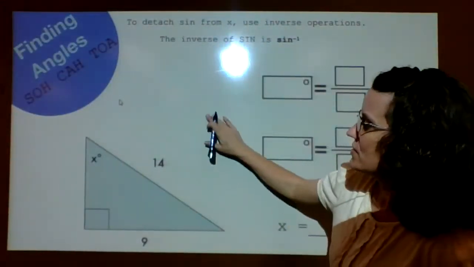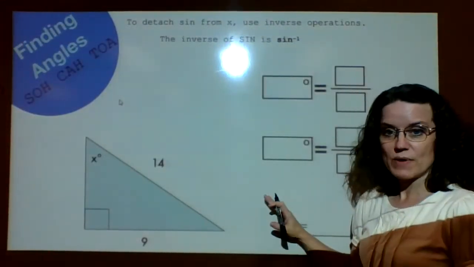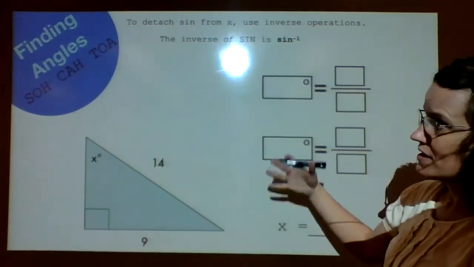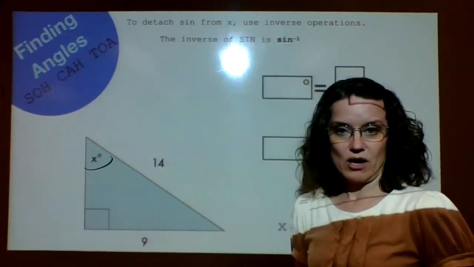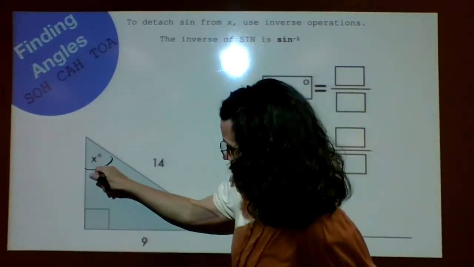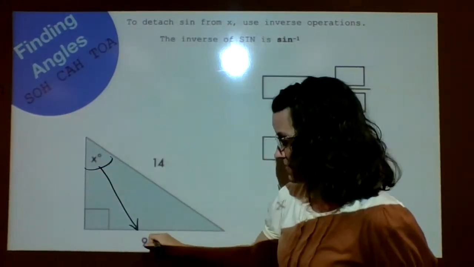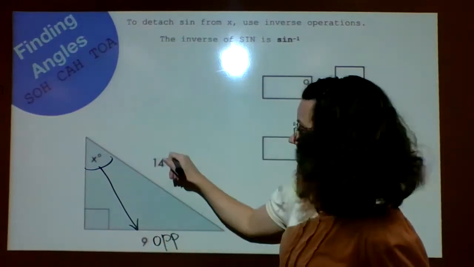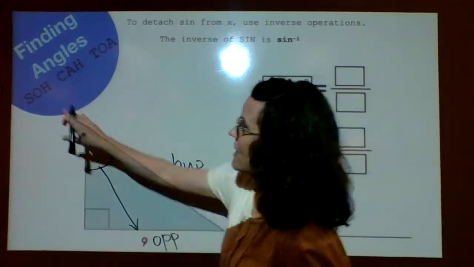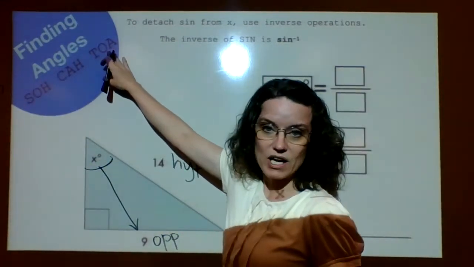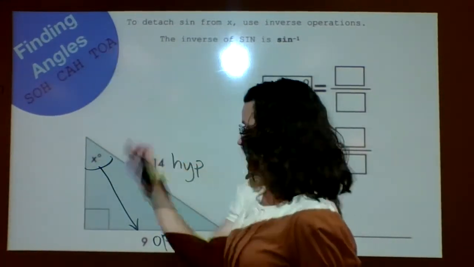To see how you use the inverse ratios, we're going to be given a problem. I don't know this angle at all, but I do know the side opposite my angle, and I have the hypotenuse of the triangle. I think of SOHCAHTOA, my shortcut for remembering sine, cosine, and tangent.